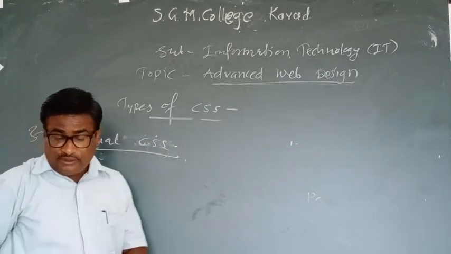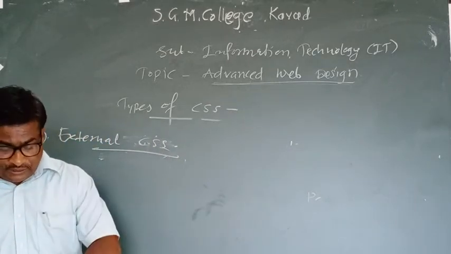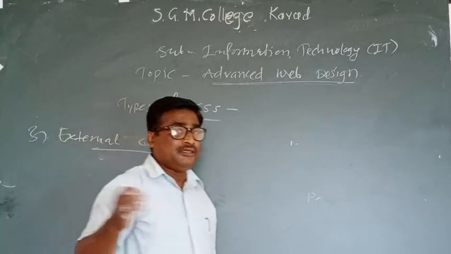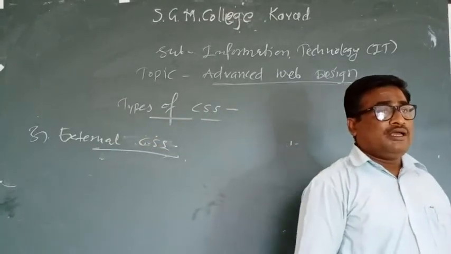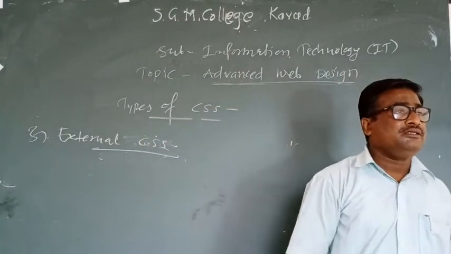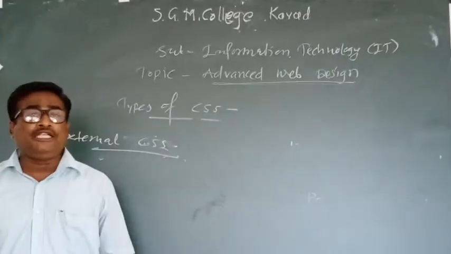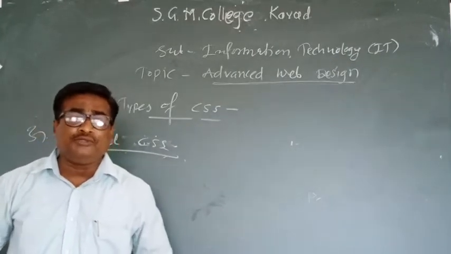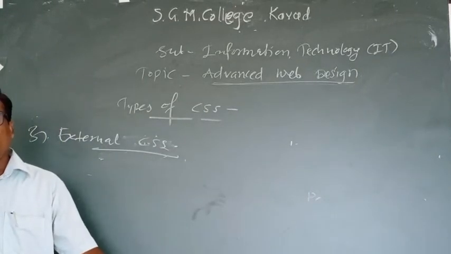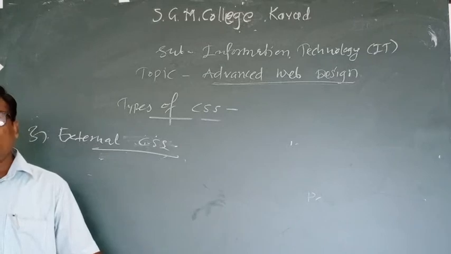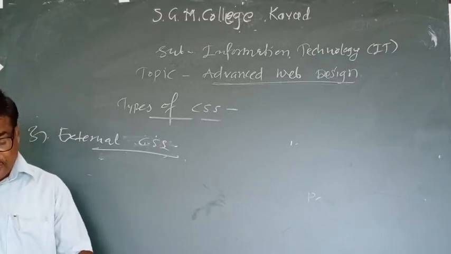Okay. In external CSS, styles are applied externally, and the changes are made on different or multiple pages. That is the feature of external CSS. If we have to make a change in different or multiple pages, then we have to apply external CSS.